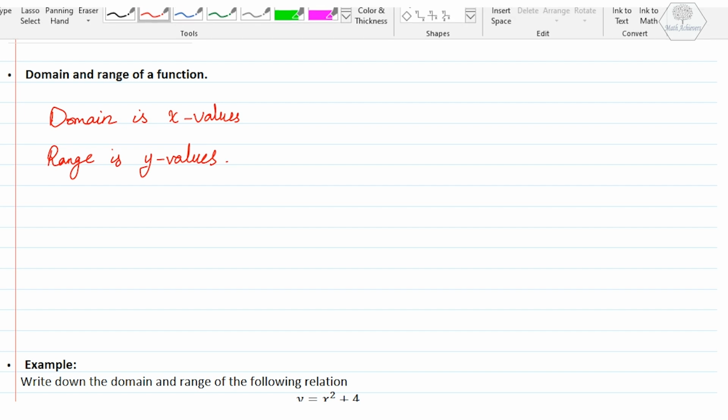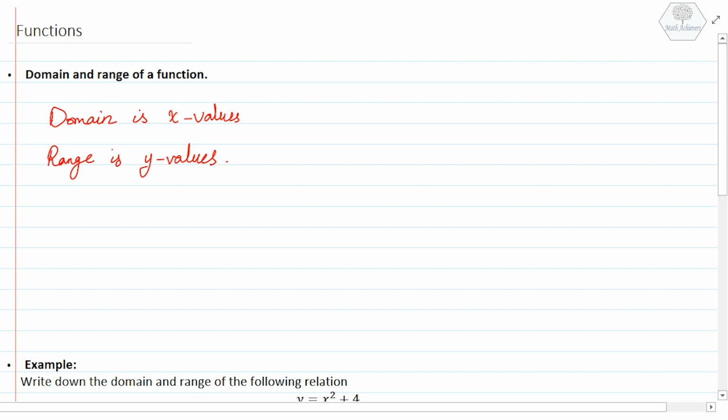Let's have an example. For y equal to x squared plus 1, and I have the domain to be equal to -1, 0 with 1.